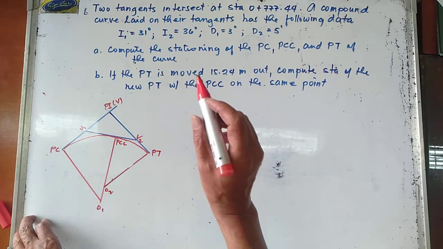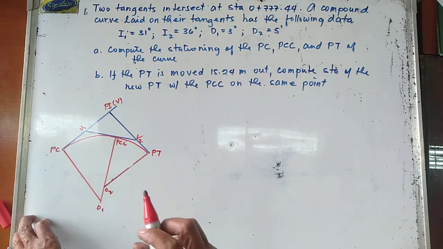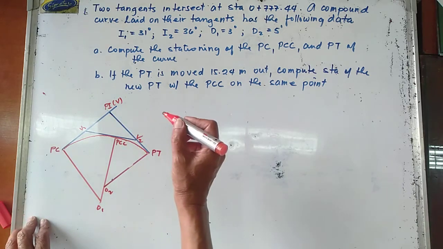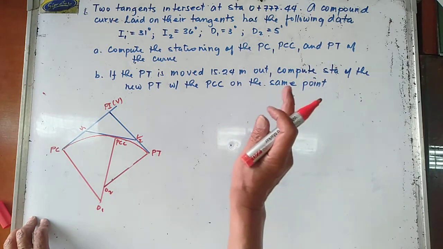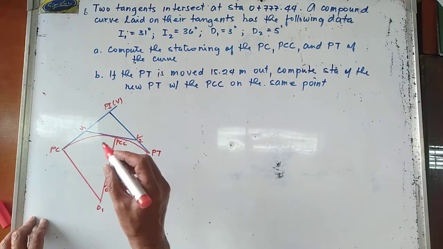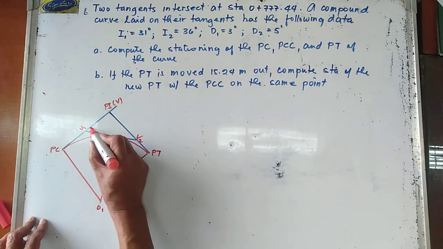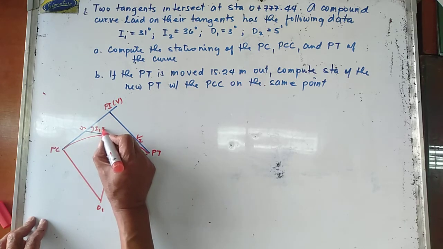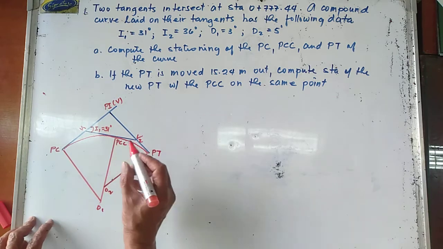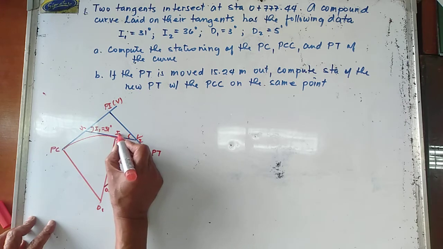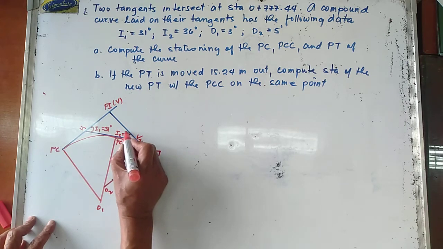Two tangents intersect at station 0 plus 777.44. A compound curve laid under the tangents has the following data. I1 is equal to 31 degrees, and I2 is equal to 36 degrees.